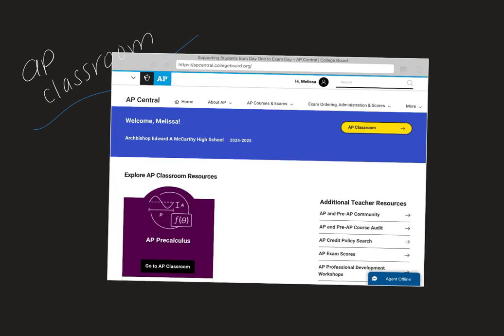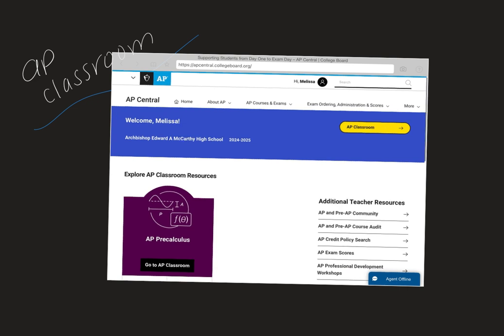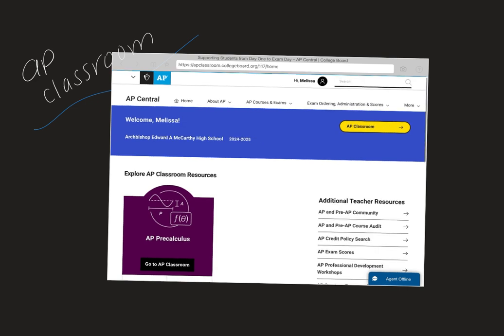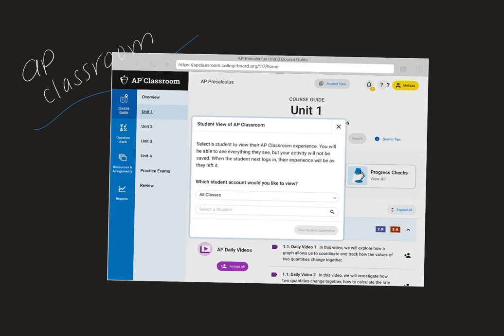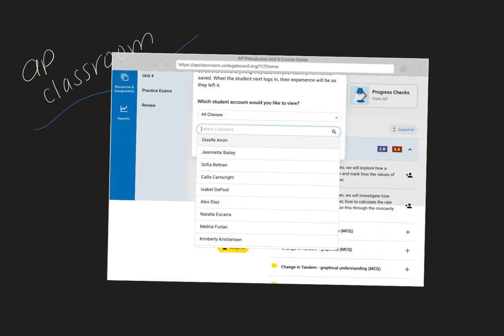What you should see is, where's my student view? If you don't already have an account, you have to make an account.